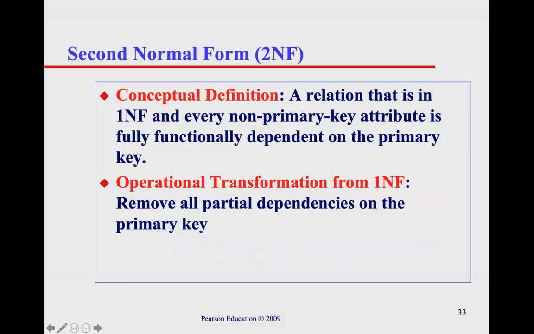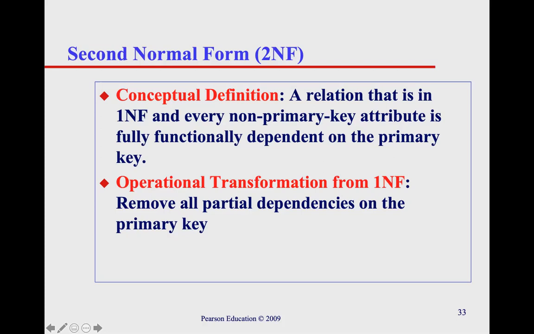Every non-primary key attribute is fully functionally dependent on the primary key. Remember, fully functionally dependent means that it is the minimum number of attributes required to determine a value. And if you can determine that value with one fewer attribute, it's not fully functionally dependent.